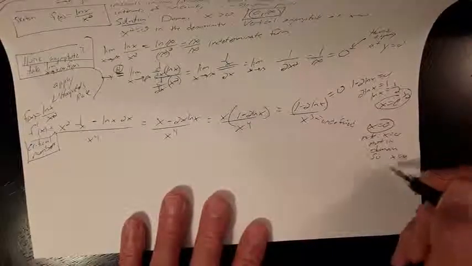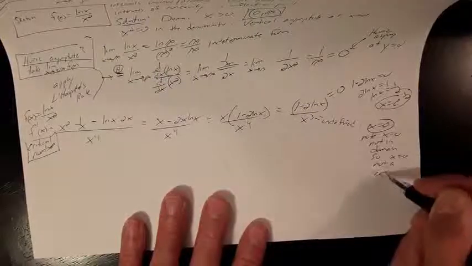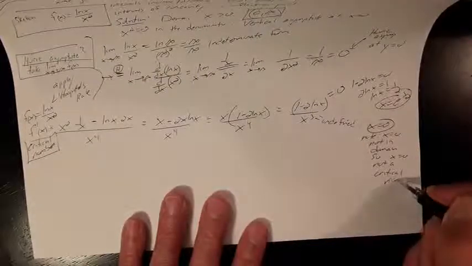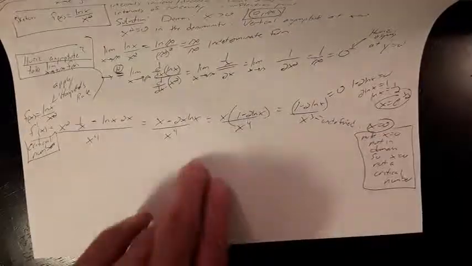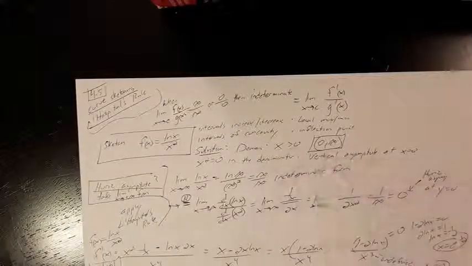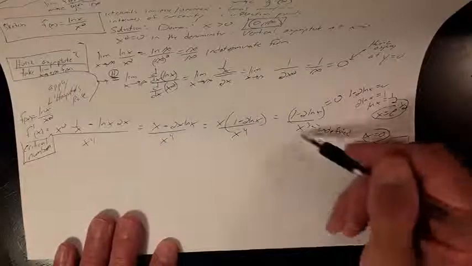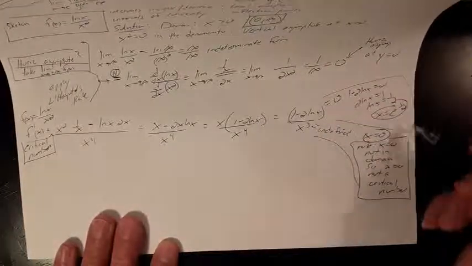So x equals 0 is not a critical number. Even though I'm still going to keep an eye on what the function does right there. Matter of fact, we already know we got to keep an eye on what it does right there because we're expecting a vertical asymptote. That x squared in the denominator is going to make a vertical asymptote on us. So here then are our critical numbers.